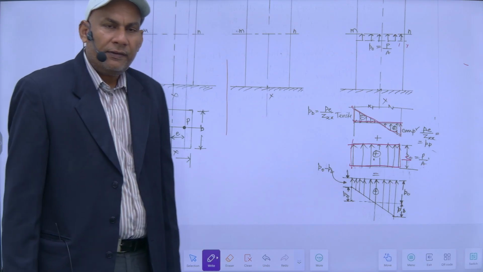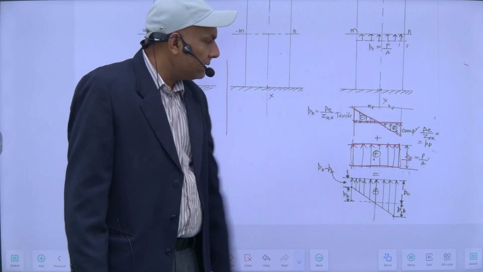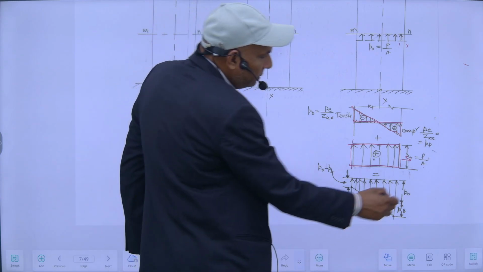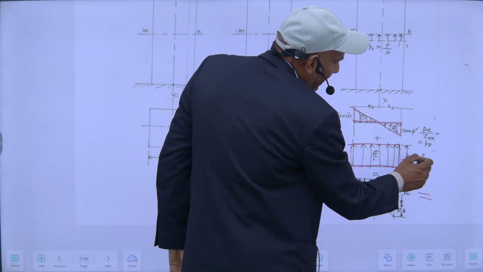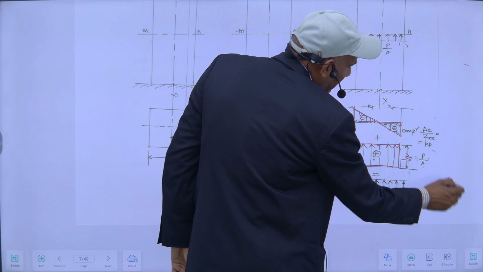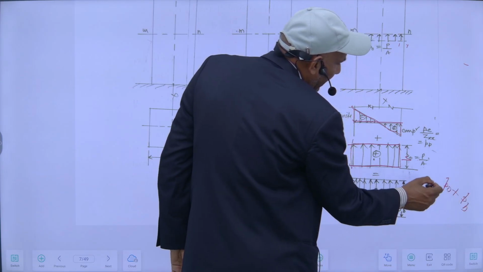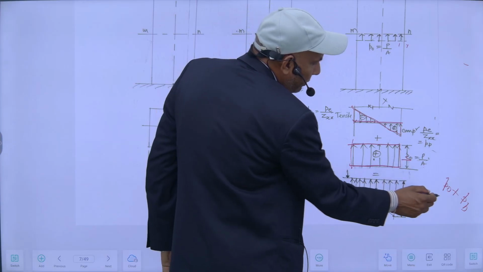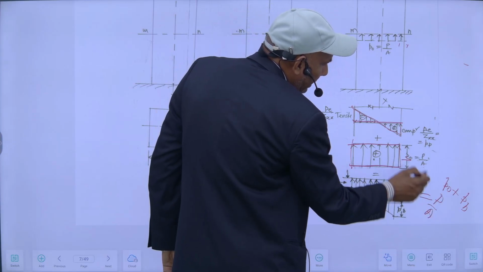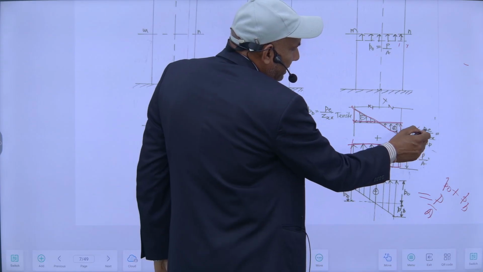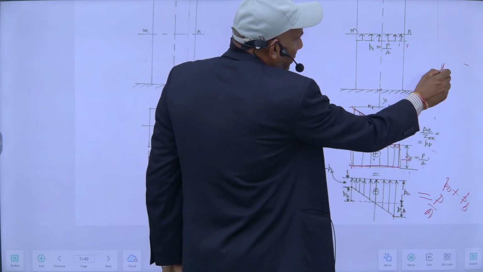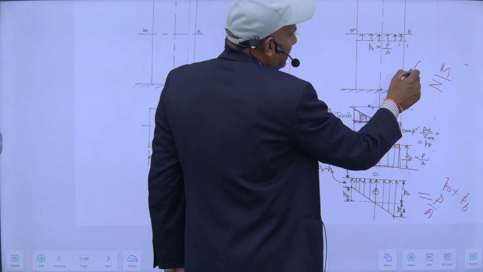And what will be the effect of this combined direct and bending stresses? This will be equal to the direct stress plus bending stresses. So direct stress is equal to load upon area, and bending stress will be moment M upon Z. M upon Z is equal to bending stresses.